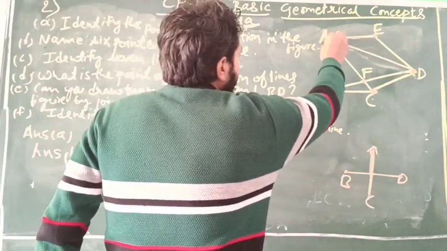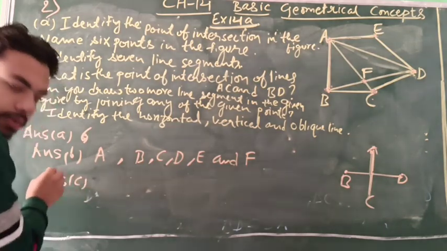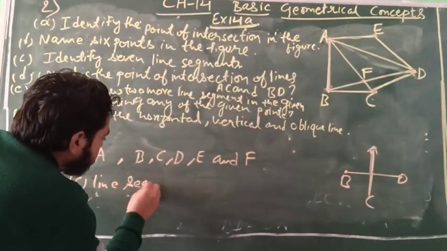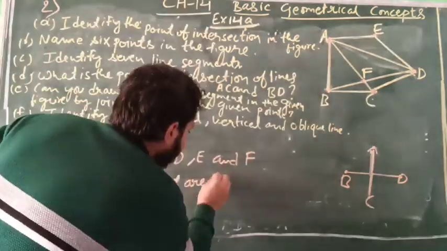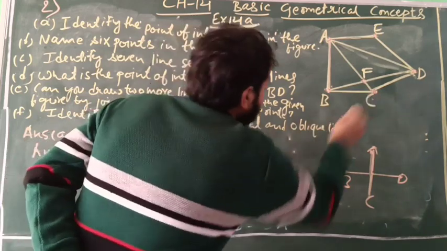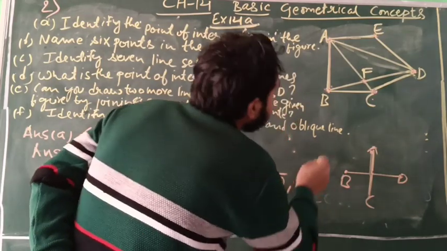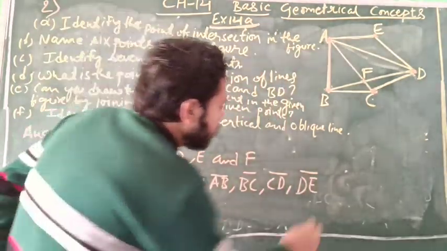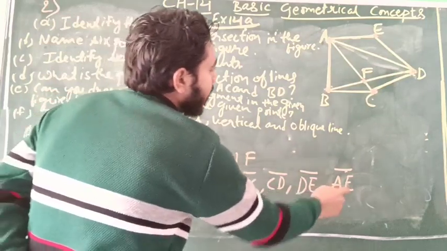Okay, so here we just write AB. The line segments are AB, BC, CD, DE, AE. 1, 2, 3, 4, 5.